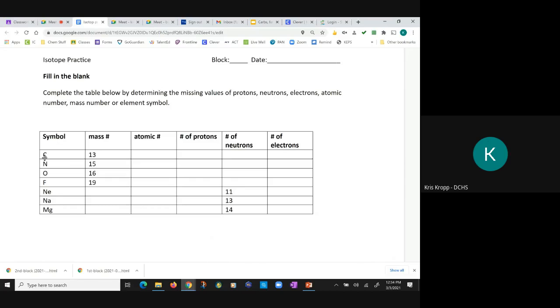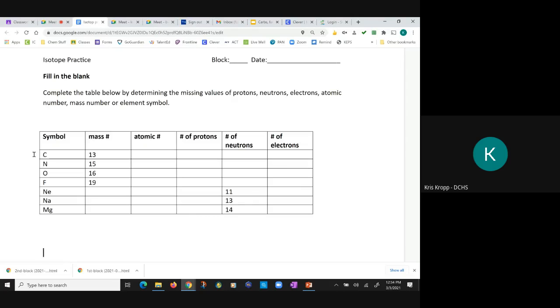The symbol is C. We're going to have to find that on the periodic table. Locate C on the periodic table. Once you locate that, the very first thing I'm going to recommend you do is tell me the atomic number, because that is right on the periodic table.